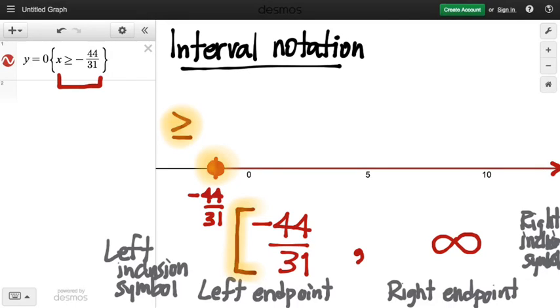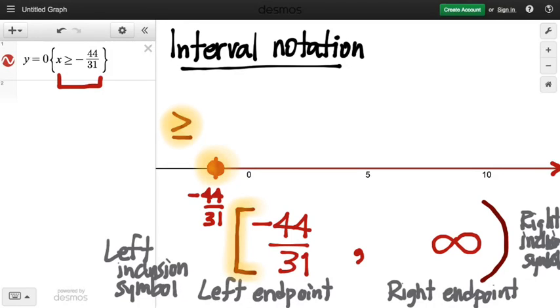So we will never count infinity as part of our solution set because it's not a number, and our solution set consists only of numbers. So infinity, anytime we see it, is never going to be included in our answer. And for that reason, we're going to use the other kind of inclusion symbol that indicates not included.